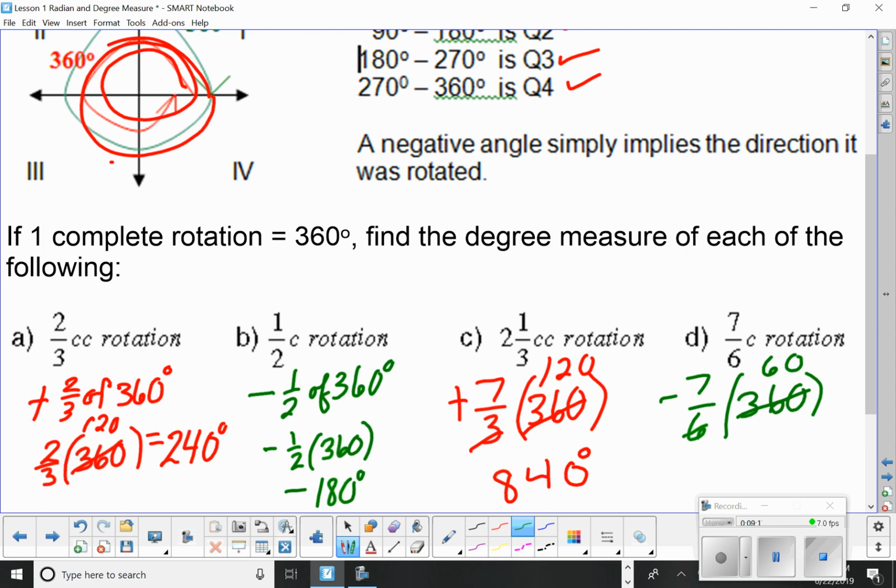You should be able to do that division in your head. Negative 7 times 60 is negative 420 degrees. And that should make sense. Negative 420 says I've gone around more than once. 7/6 is more than 1. All right? So clockwise, negative direction, or counterclockwise, positive direction.